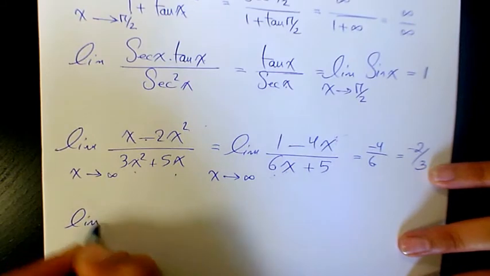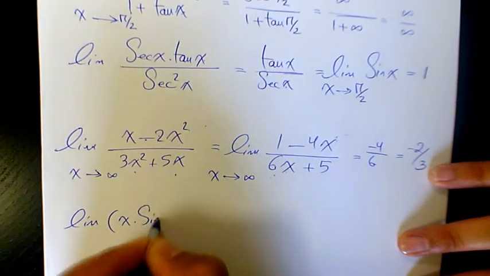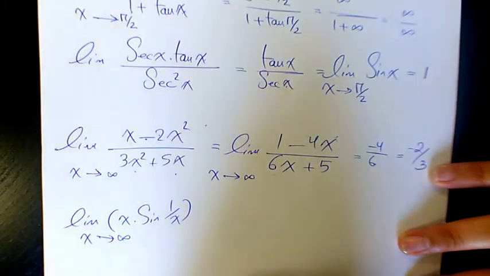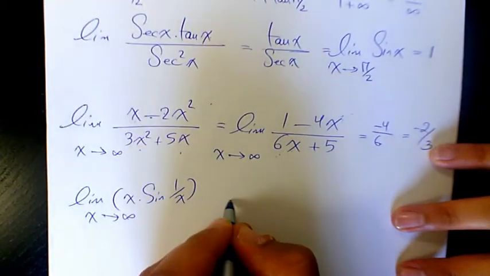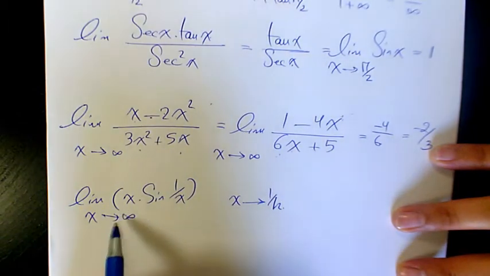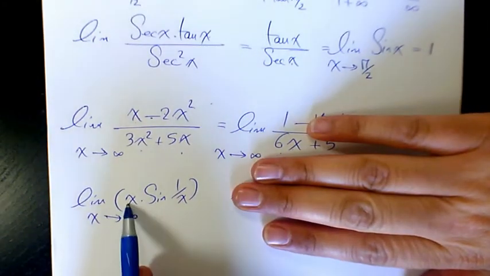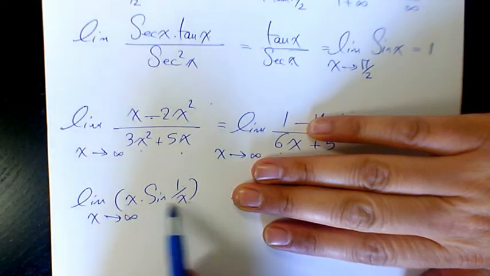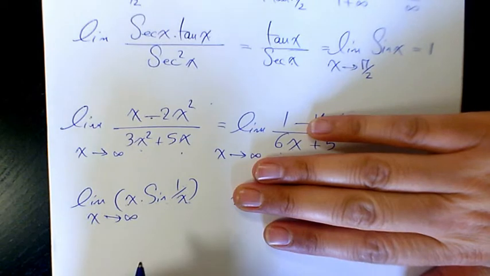limit of x times sine of 1 over x when x is approaching infinity. Before doing anything, it's going to be infinity times sine 0, which is infinity times 0. That's another intermediate form.